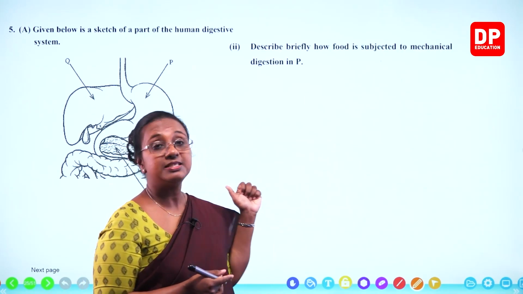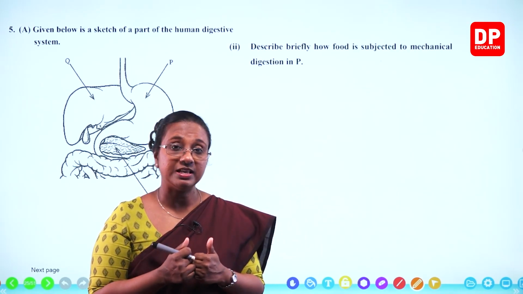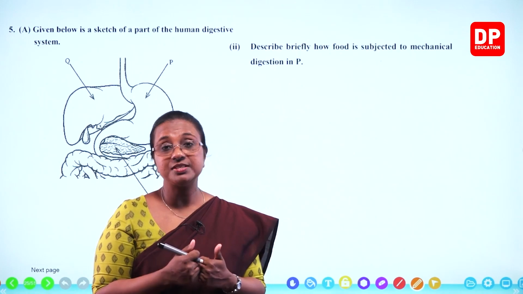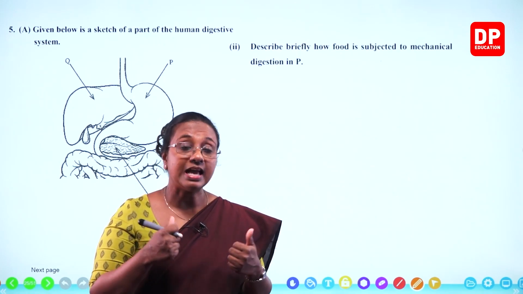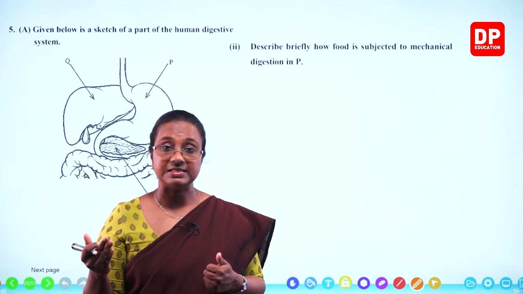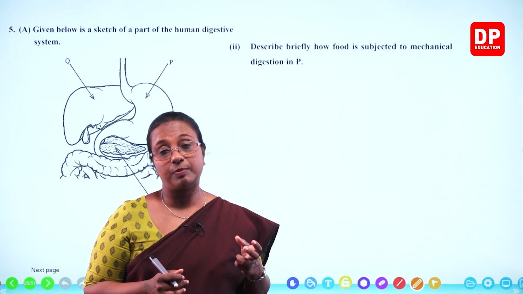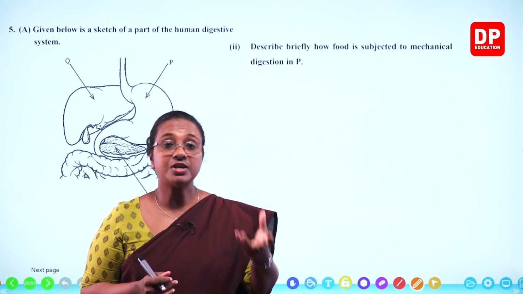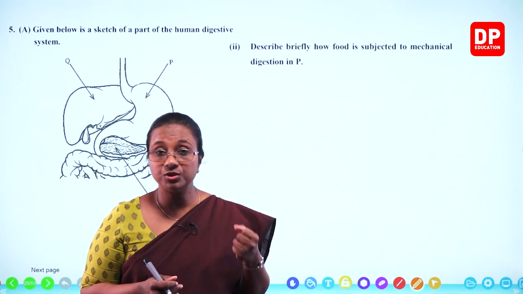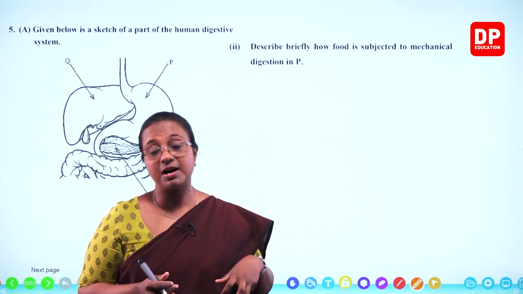But inside the stomach also, there are muscles arranged in such a way that the wall of the stomach can contract, it can press the food and it can break it into further smaller pieces. That is what happens when you don't chew your food properly. Sometimes when you are in a hurry, you don't chew the food properly, then you tend to swallow the food as larger particles.